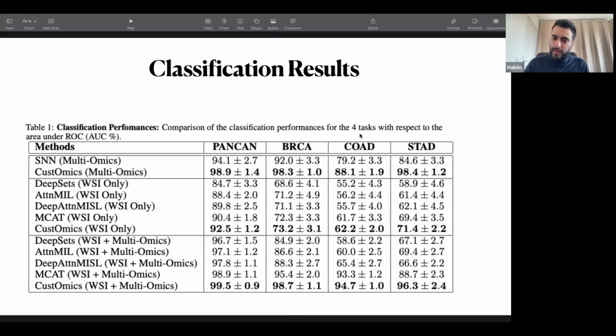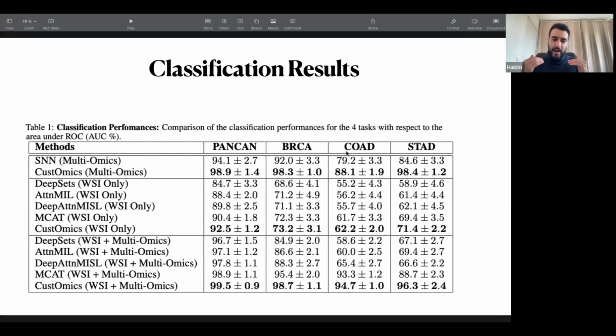Then we did the same classification of molecular subtypes for three different TCGA cohorts this time: breast cancer, colon, and stomach cancer.